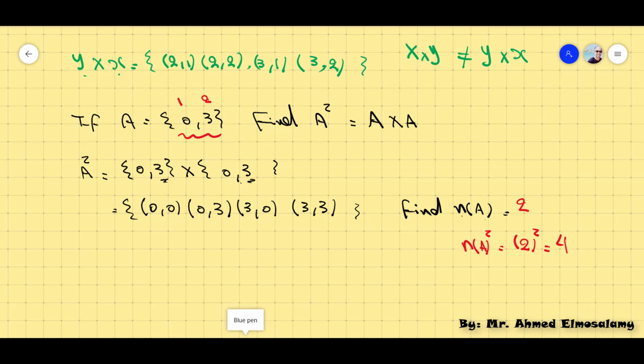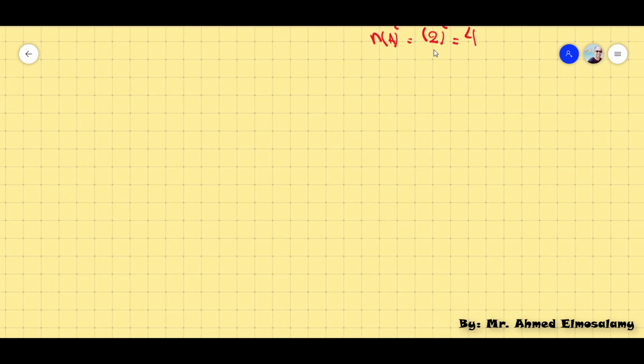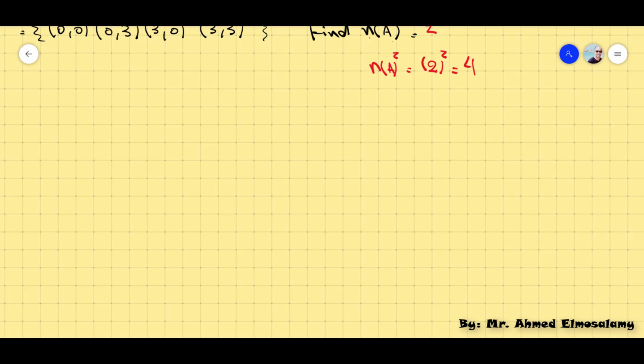By taking another exercise, if x equals {1, 0}, y equals {-1, -2, 3}.